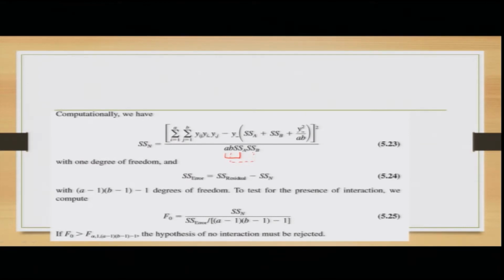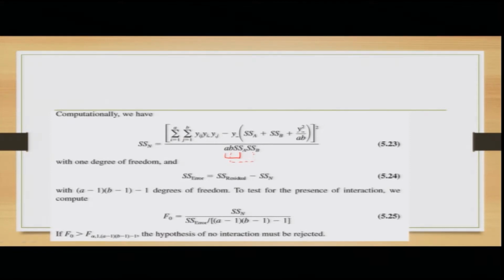In the numerator you have the sum of the squares of a, the sum of the squares of b, plus the y square. Y square is the values for all the values of i's and all the values of j's, because here the cells are independent with respect to k, which is from 1 to n. That would be divided by the degrees of freedom a and b.